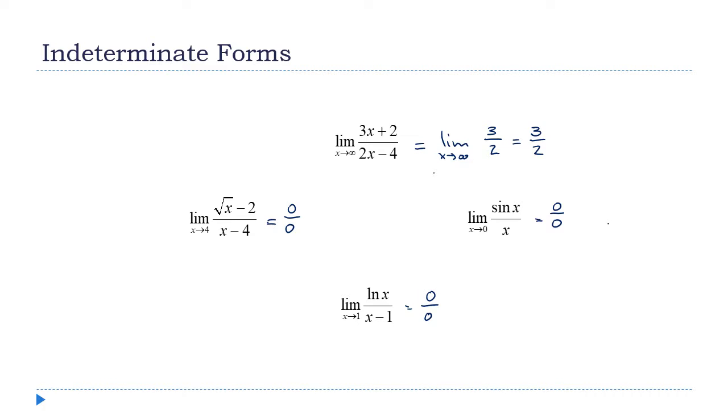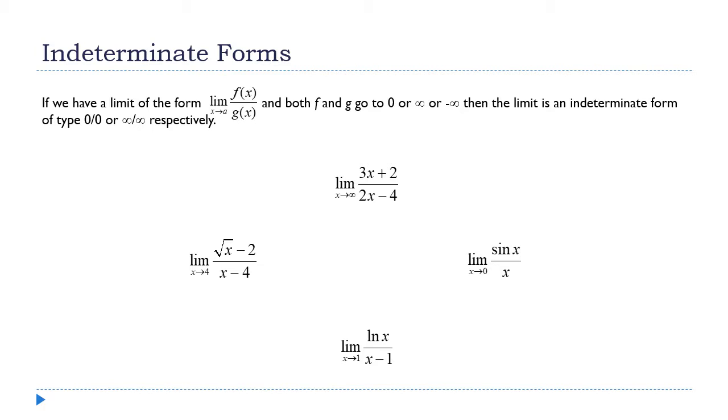Let's go a little deeper. First, I just want to be clear what I mean when I talk about an indeterminate form. If we have a limit of the ratio, or quotient, of two functions, and either both functions go to 0 or both functions go to plus or minus infinity, then the limit is what's called an indeterminate form.